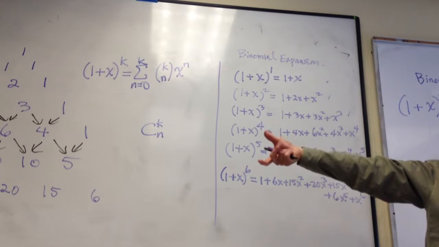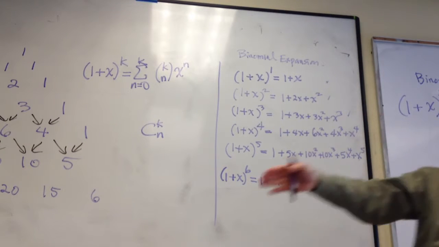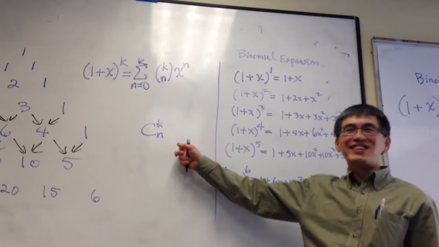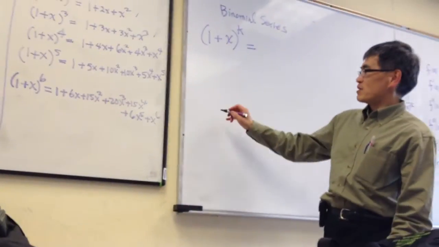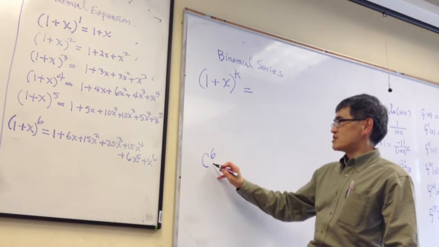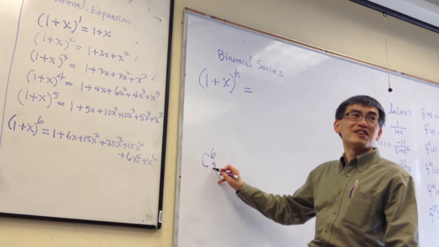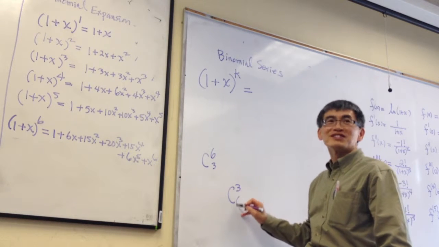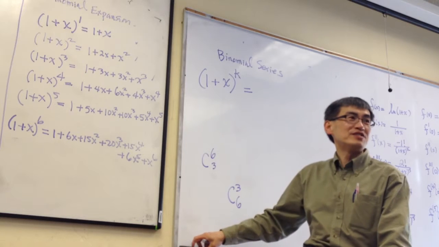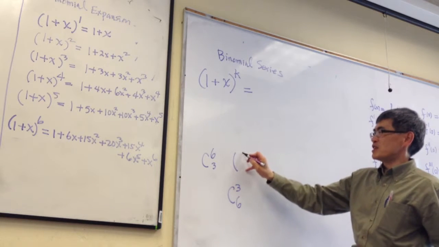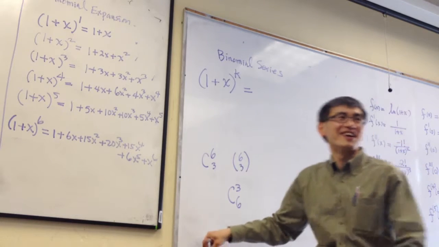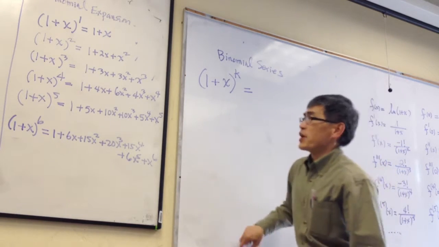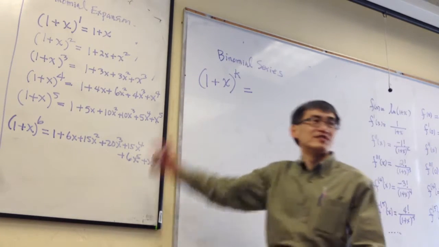It's very confusing as you go from one book to another, from one country to another. What someone calls C63, someone else would call C36. It's a different notation convention, extremely confusing, so you have to be careful. In this book, it's written this way. Anyway, it's just a notation.